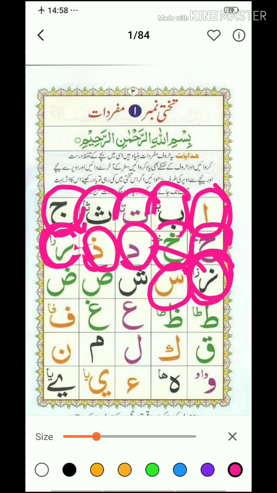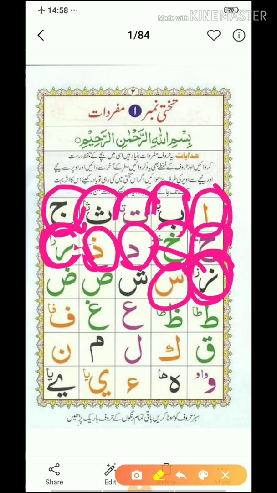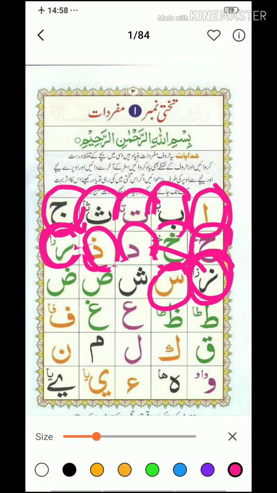Okay, moving to the next letter, there is again the same shape like Sin, and the difference is the number of dots. There are 3 dots above Sin, and when you see the 3 dots above Sin, it makes Shin.